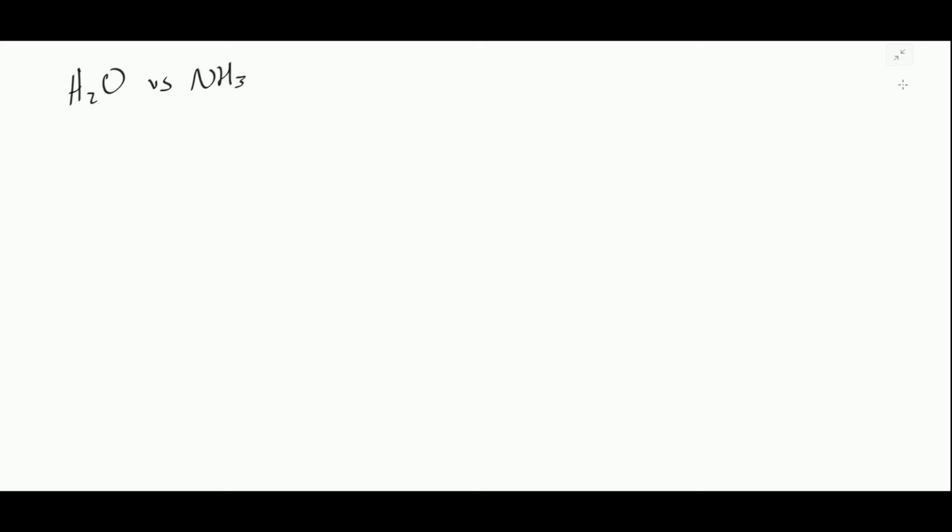Well, they're both about the same size, 18 grams per mole. Molar mass is a really good way to compare these things because the heavier molecule is going to have more electrons versus 17 grams per mole. Okay, and they both form hydrogen bonds. So, I mean, these molecules are going to be very, very similar in terms of melting and boiling points.